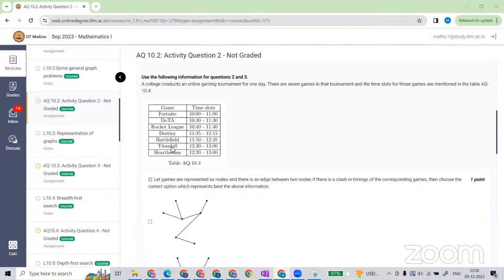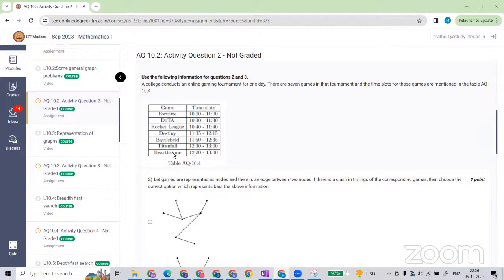Now Titanfall is there, and it started earlier to have the clashing time with Battlefield, because Battlefield is ending at 12:35, but Titanfall started 5 minutes earlier. And then Hearthstone is there.